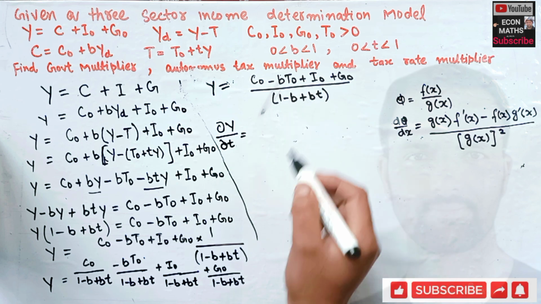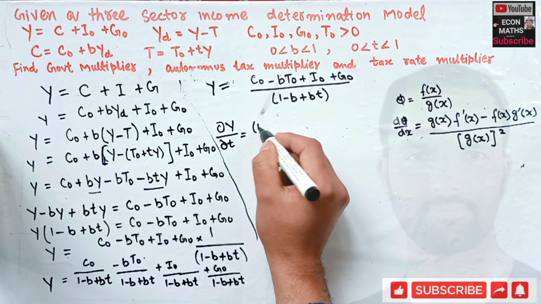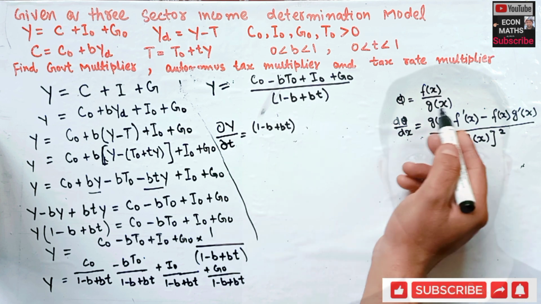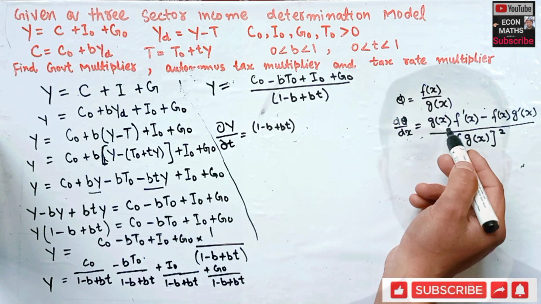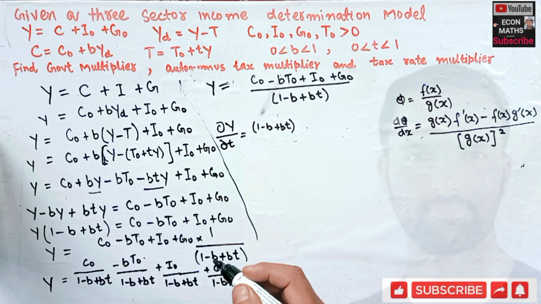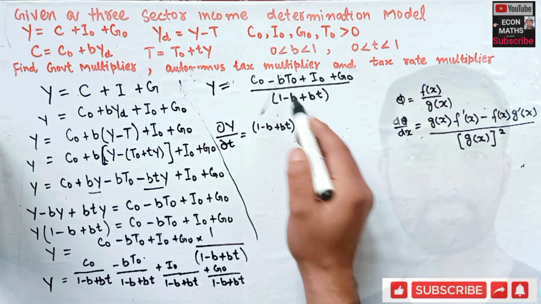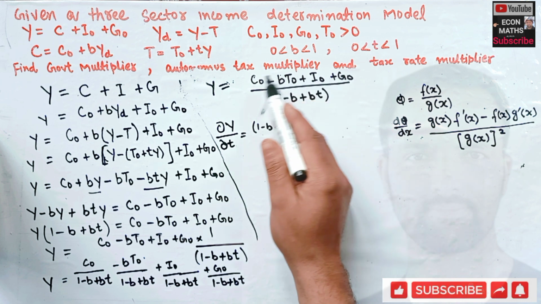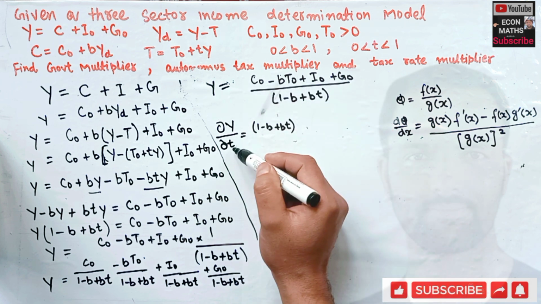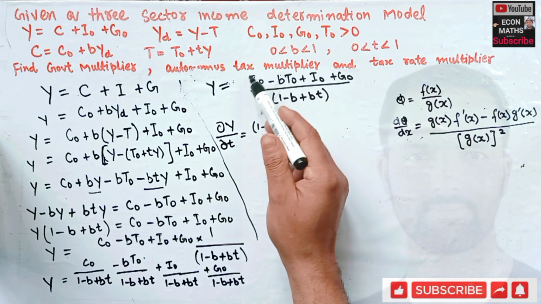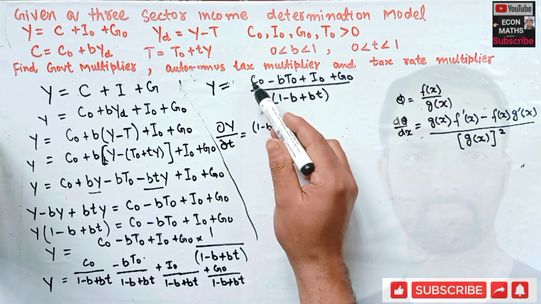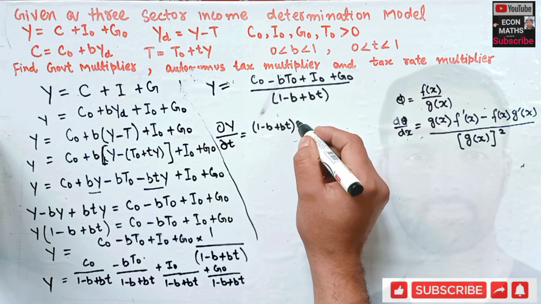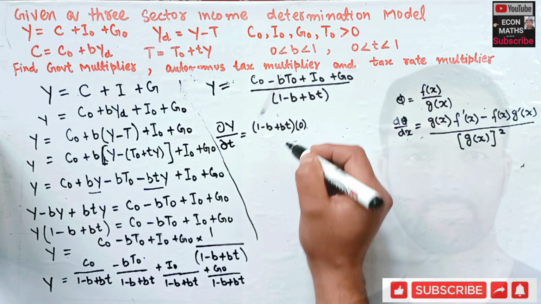First we write this 1 minus b plus bt as I have shown you here. First we write this gx in the denominator, and then take the derivative of the numerator. And what is the derivative of the numerator? We are taking the derivative with respect to t, and you can see here we have no small t. That means it is constant here and its derivative will be 0, so I will write here 0, okay.